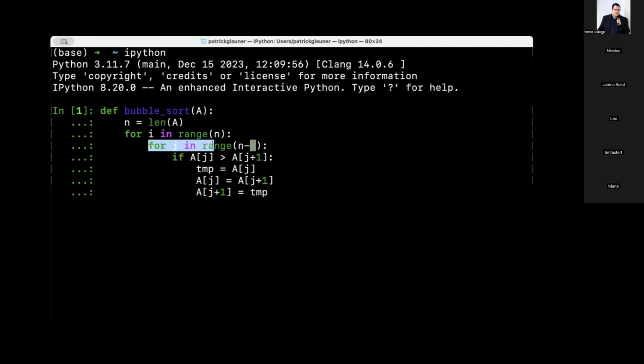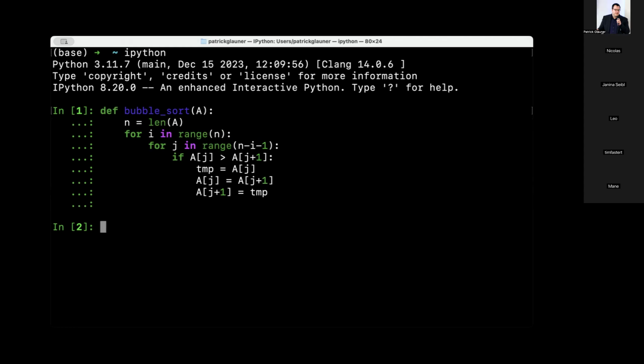So it turns out you don't fully need n minus 1. It's actually n minus i minus 1, because as i grows, I have kept moving the largest elements to the right. But this turns out it's still O of n squared. It just leads to a somewhat speed up, but not too great.